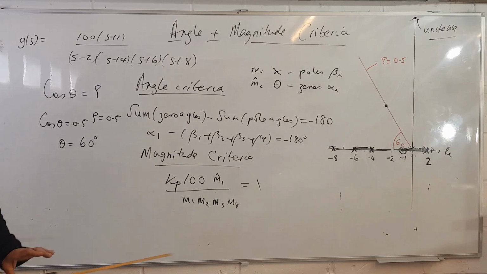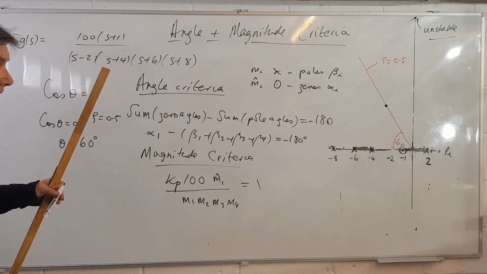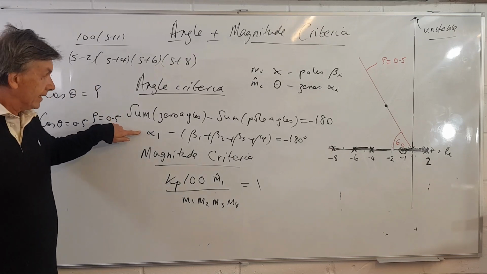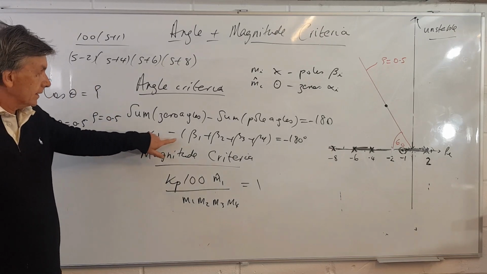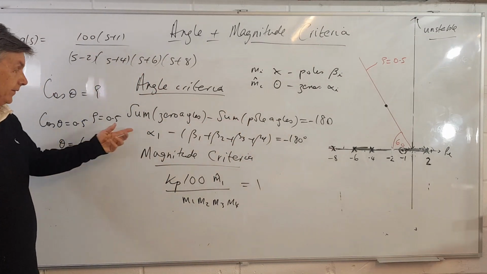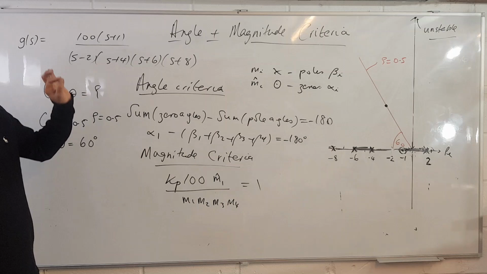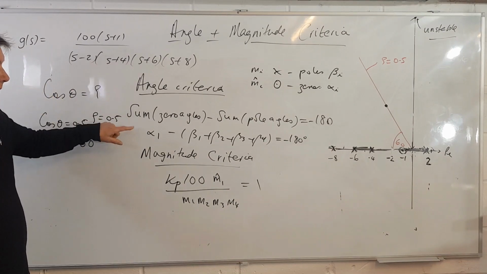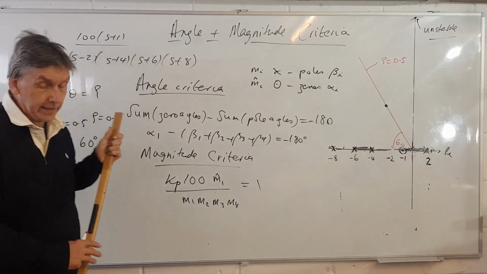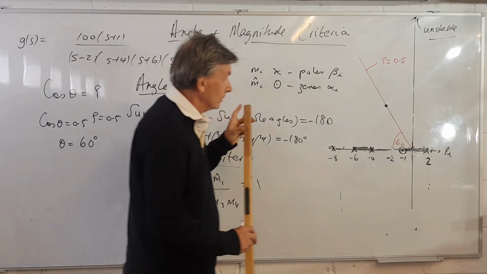Once we've guessed the point, to see if the guess is correct, we apply the angle criteria. If this expression now comes out as 180, we know we've guessed correctly. If it doesn't come out at 180, we can adjust it until it does. And so what we do now is go back to the diagram and again use our ruler and our protractor to measure angles.